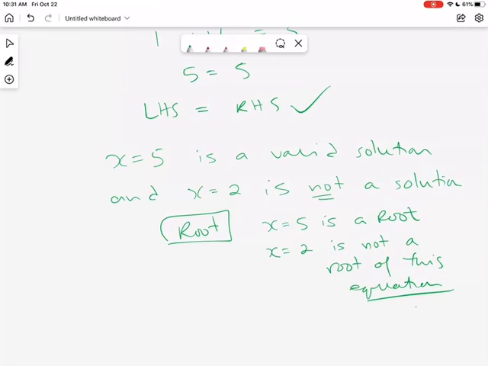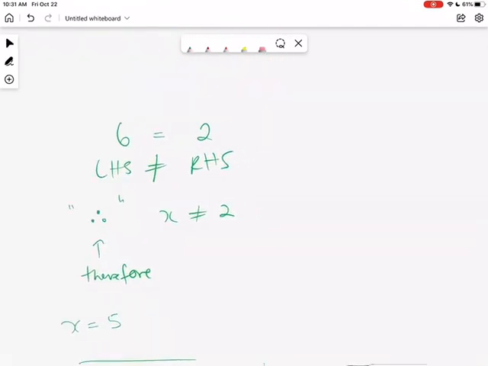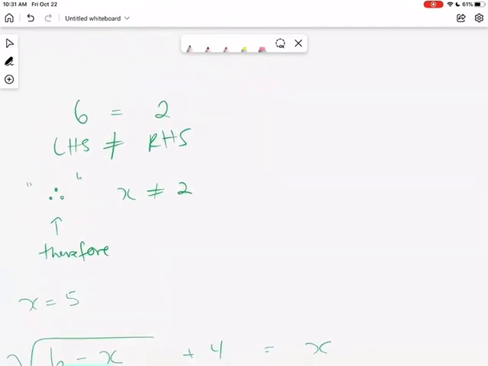Okay? Now, this makes a lot of sense because if I go back to my radical, which was 6 minus x, and then I had plus 4 equals x. Remember our restrictions. The radicand cannot be negative. That means that 6 minus x has to be greater than or equal to 0.